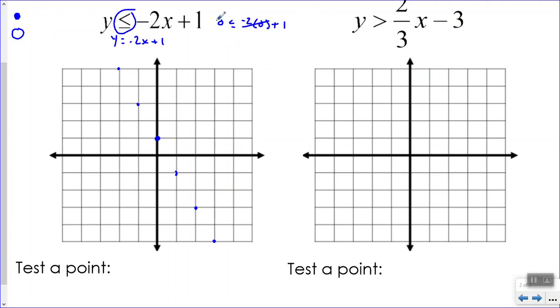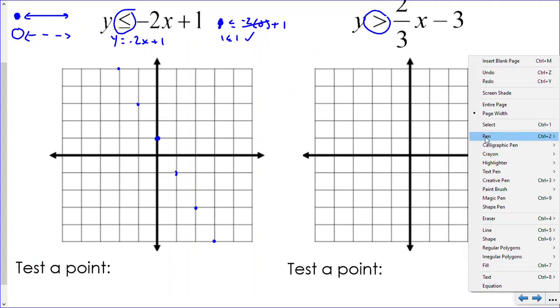Because we do want to include those points in our solution set, we're going to use a solid line when graphing. If we had something like the right-hand side here where it was strictly greater than, we would use a dotted line to show that that's where our boundary is, but we're not including those points in our solution set.